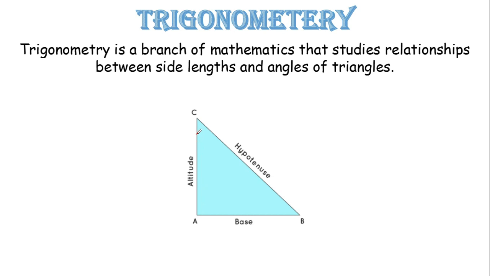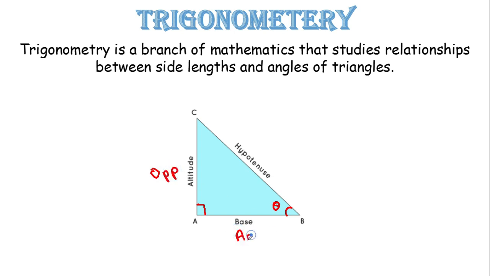Mainly in trigonometry we are going to learn about the right angle triangle. Here this will be the right angle, and this is theta. The exact line which is opposite to theta is known as the opposite, and this will be the adjacent.